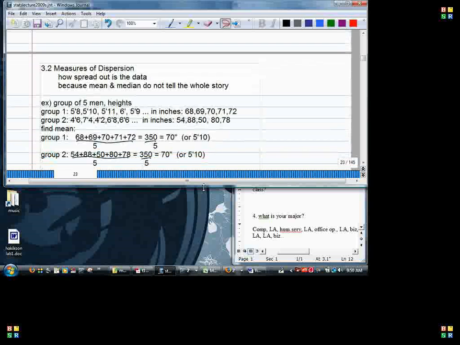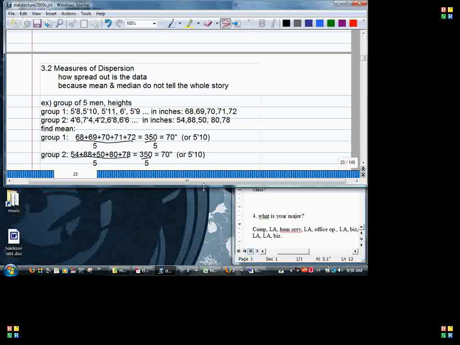So those groups are almost the same, right? What is the difference between the heights in group 1 and the heights in group 2? In group 1, everyone is almost the same height.